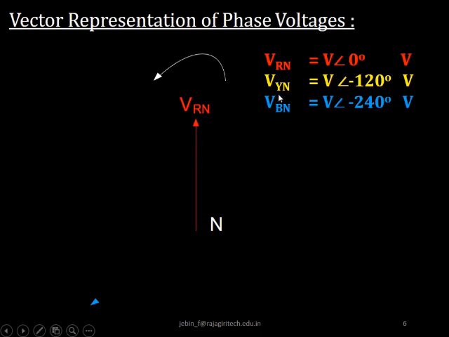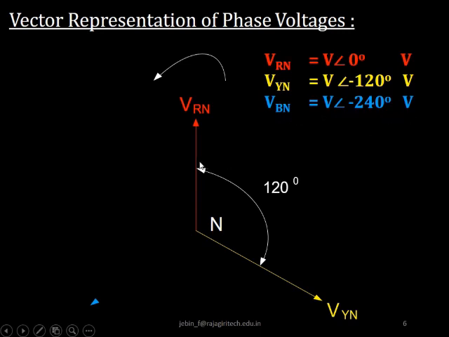So next we have to represent Vyn as V at an angle minus 120. I'll measure 120 degrees in the clockwise direction and draw Vyn. Remember, their magnitude is the same, which means that the length of Vrn and Vyn has to be the same. The next vector to be drawn is Vbn, which is V at an angle minus 240.